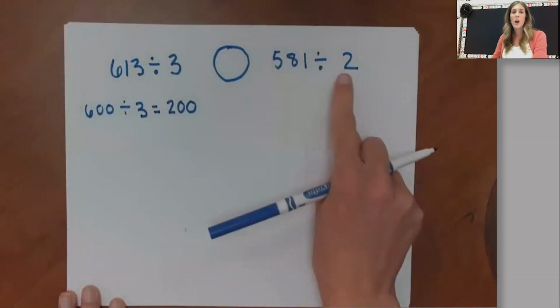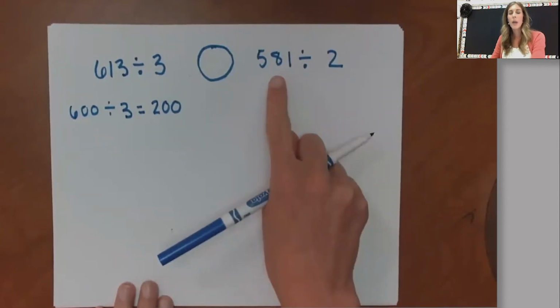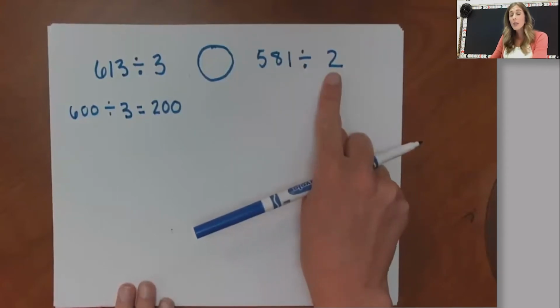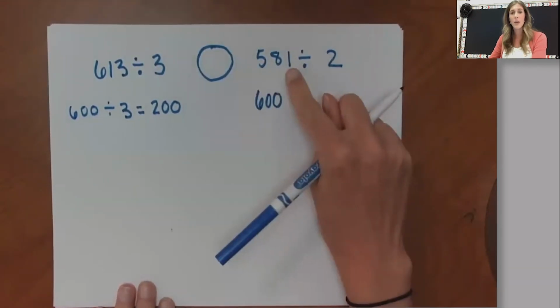Now let's look at our other expression, 581 divided by 2. What would be a compatible number for 581, a number that's easily divisible by 2? Correct, I heard 600 again. Is 600 close to 581?